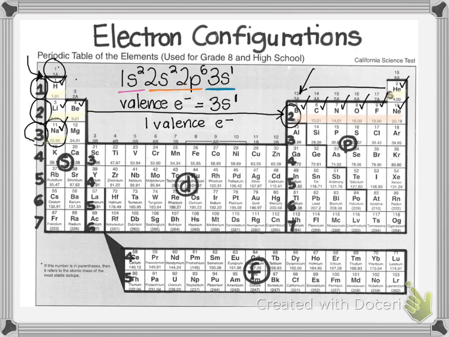For example, sulfur right here, if I look, it's in 6A, so it has 6, or 16. So 16 minus 10 equals 6. So all of them on this side are above the p sublevel. If you're using the numbers 1 through 18, you have to subtract 10 from the number to get the valence electrons of the representative elements.